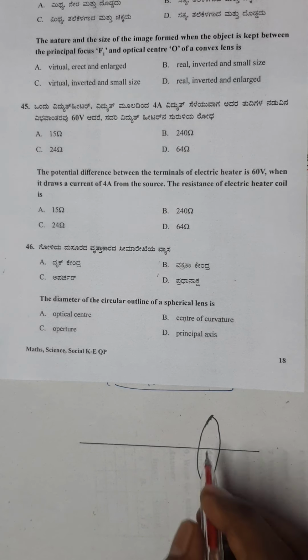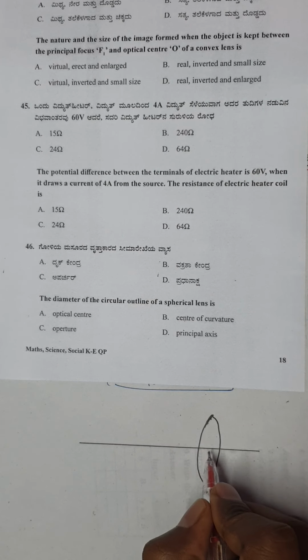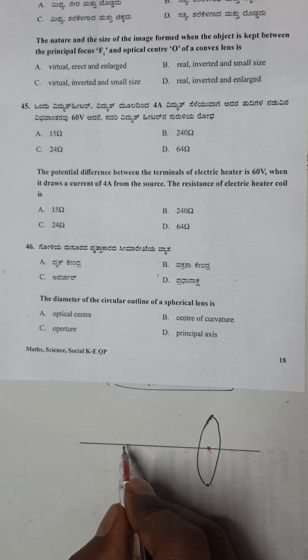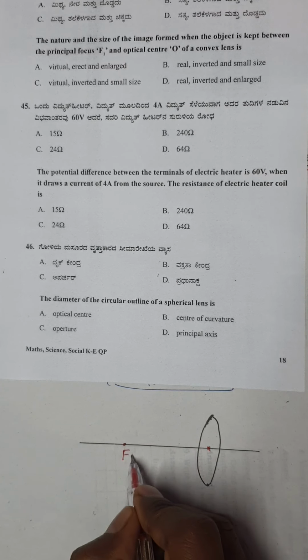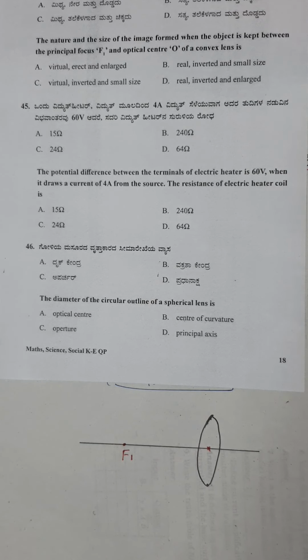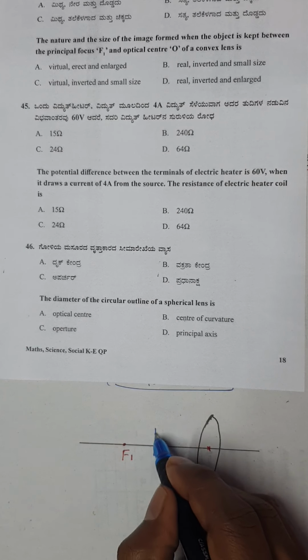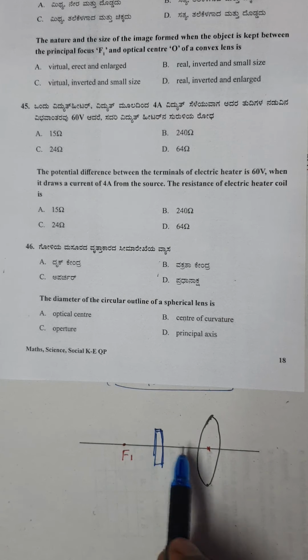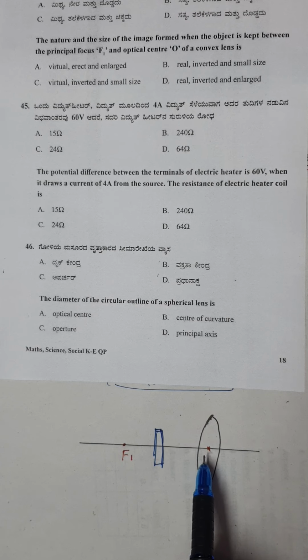Let us consider the situation here. So we have a concave lens here, sorry, convex lens, and this point O is the optical center. Now let me say this is the point F1, which is the principal focus. Now if the object is kept in between the principal focus and the optical center, what type of image is formed?